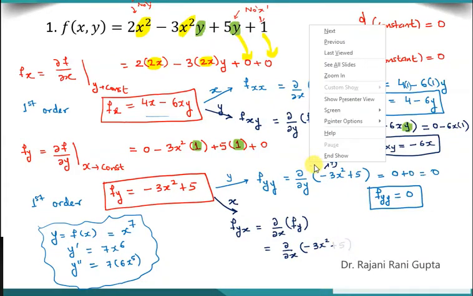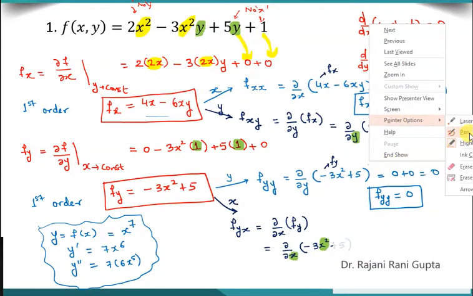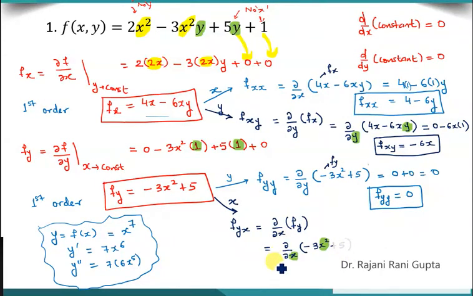Now see, we are differentiating here with respect to x. So we have to differentiate the function of x, and if there is some variable y, we have to consider it as a constant. So this will give you derivative of minus 3 times x square, which is minus 6x, and derivative of 5 is 0. So this gives you minus 6x. So what you can find: the mixed partial derivative of f with x and y is minus 6x.